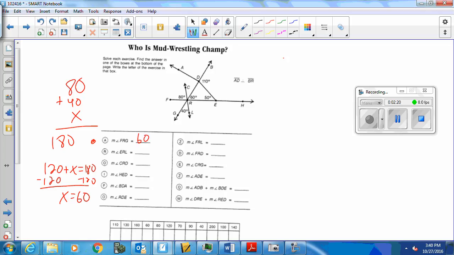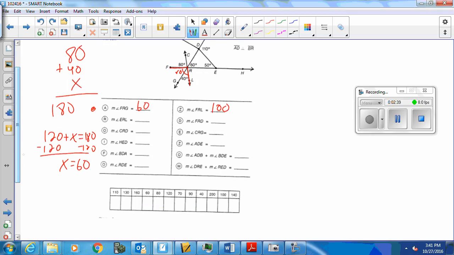FRL is going to be this angle right here. Now we know that this is 60, so we have to add up both of these angles. So 60 plus 40 is 100. I'm going to come down here and put my A at 100. I'm going to put Z.